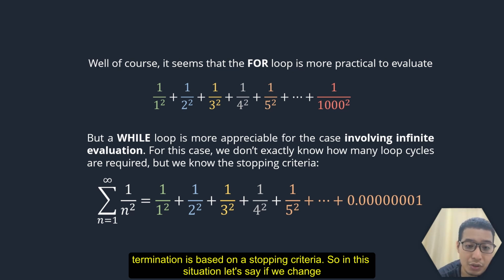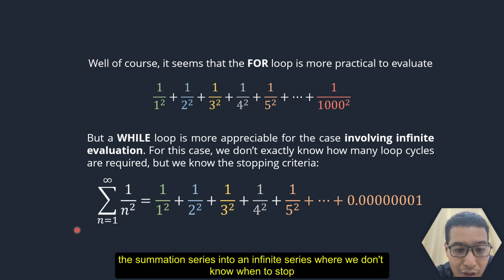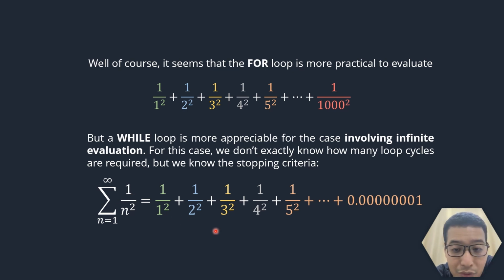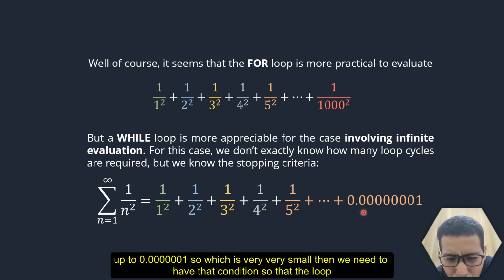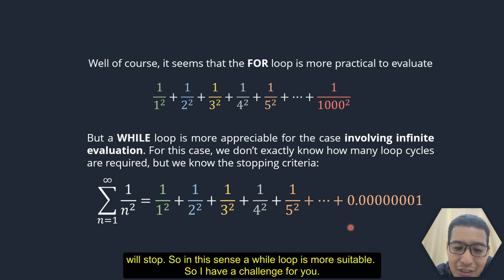So in this situation, let's say if we change the summation series into an infinite series where we don't know when to stop, the stopping criteria here is when the terms become very, very small, up to 0.000000001, which is very, very small. Then we need to have that condition so that the loop will stop. So in this sense, a while loop is more suitable.